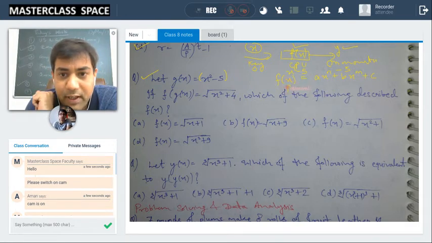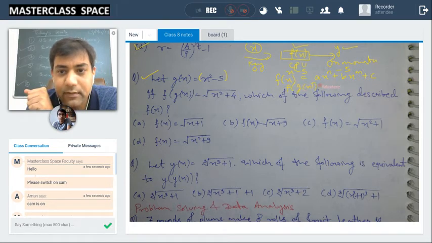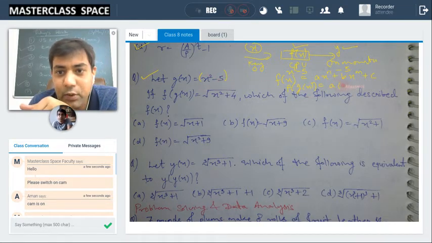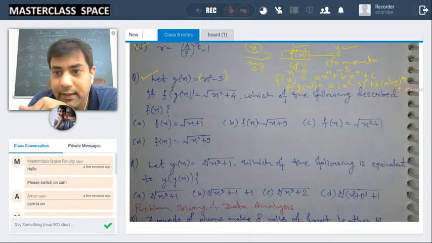If I put in place of x the value g(x), and this whole g(x) is what? x squared minus 5. a into (x squared minus 5) to the power n plus b (x squared minus 5) to the power m plus c.